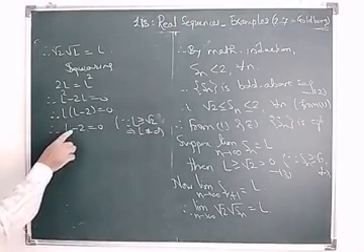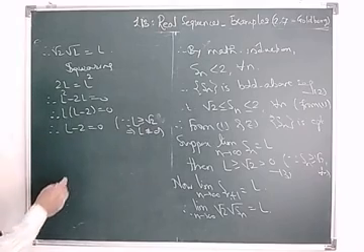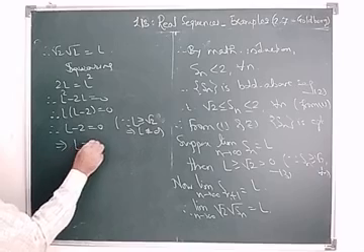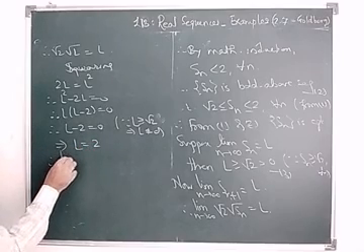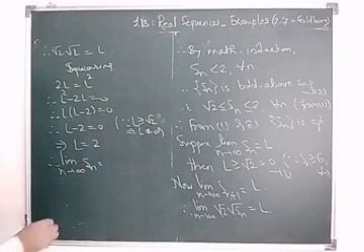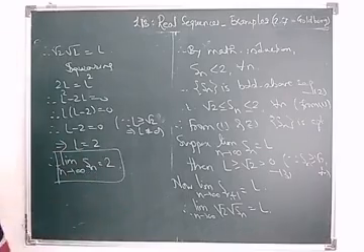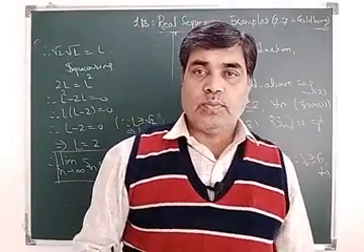Product of two numbers is 0, so one of them must be 0. So L is not 0, therefore L minus 2 is 0. This implies L is equal to 2. And therefore, limit n tends to infinity of Sn is equal to 2.